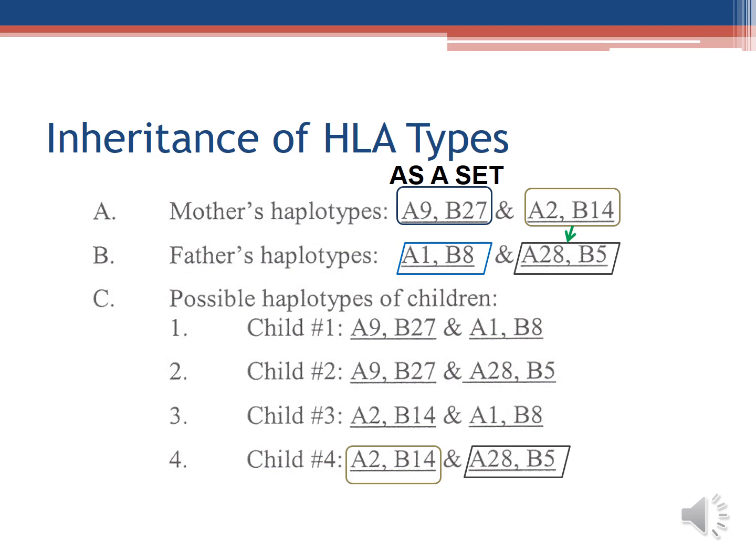Remember, they inherit them as a set, or a haplotype. And also A2 and B14. The father's HLA types would be A1 and B8, and then A28 and B5. So there could only be 4 possible combinations with these different haplotypes.